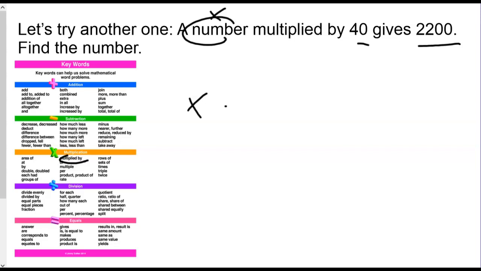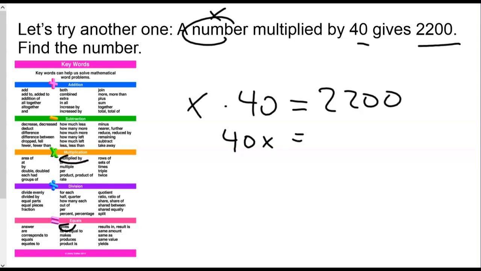Multiplied by 40, that's a good solid number, we know what to do with that. 40 gives, so if we look on our chart here, gives is right down here by equals. Gives means equals 2200. So now that we have that, we can go ahead and solve this problem. And hopefully everybody is pretty familiar with being able to solve this sort of problem. 40 times x gives us 40x equals 2200.